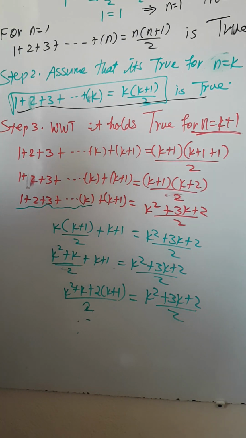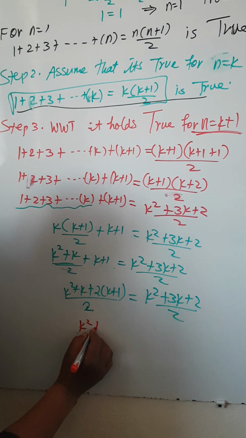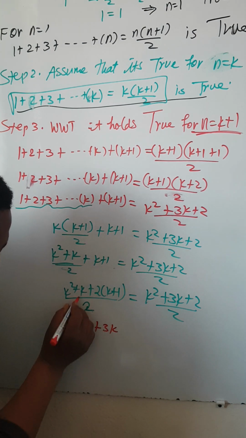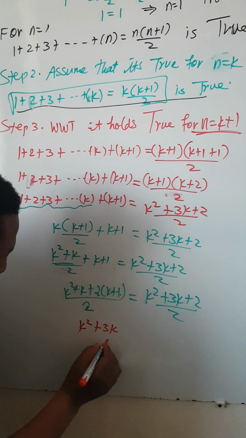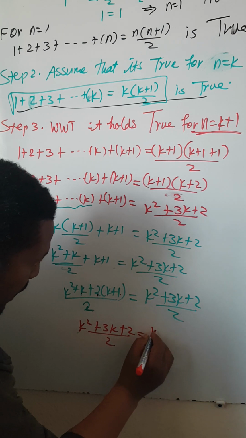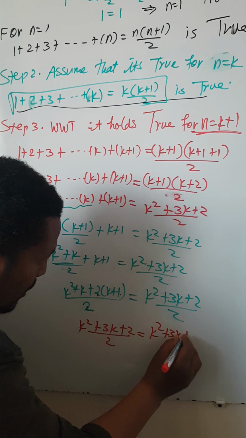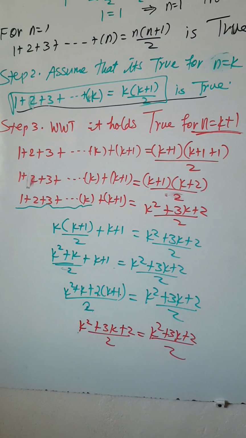Now this is k squared plus 3k, because k plus 2 times k, then 2 times 1 is 2, over 2, is equal to k squared plus 3k plus 2 over 2. Now the left side of our equation is the same as the right side.